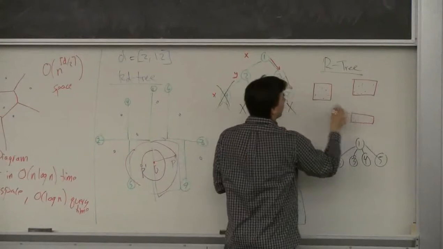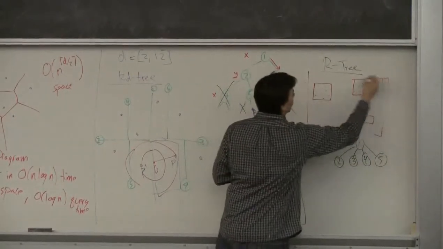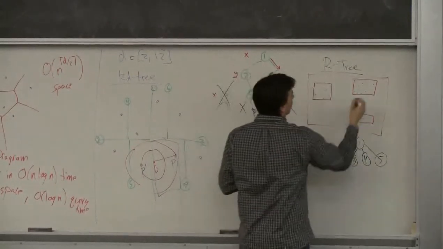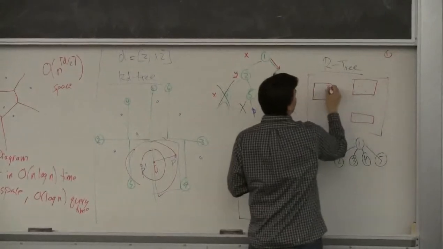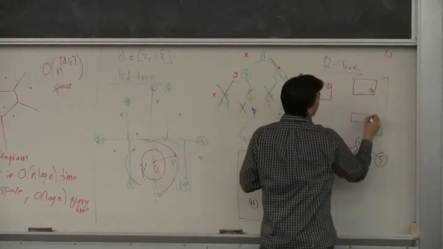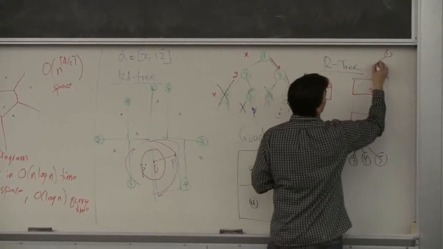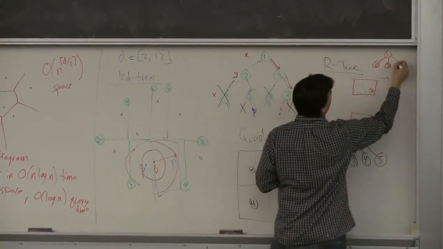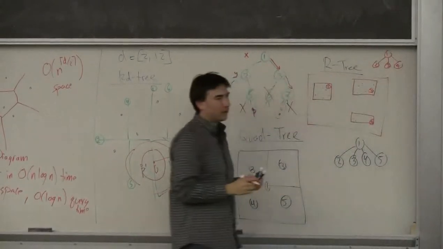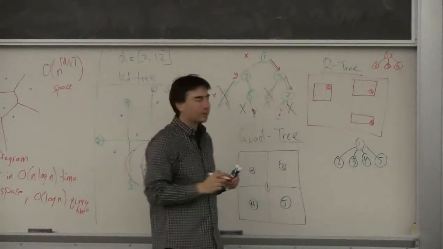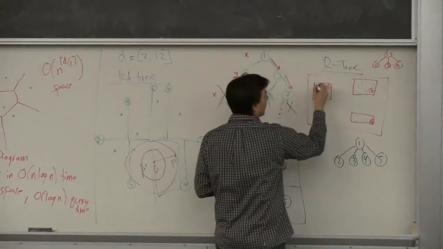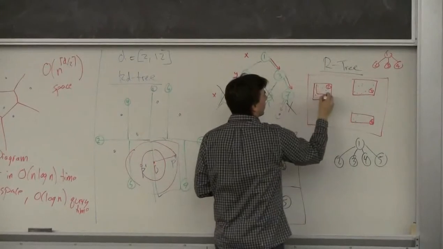So I guess you start with one big rectangle, right? So you'd have a tree 1, and then you're going to have 2, 3, and 4. So you would split this way. So it automatically fits rectangles. And then you try and subdivide these points into various rectangles.